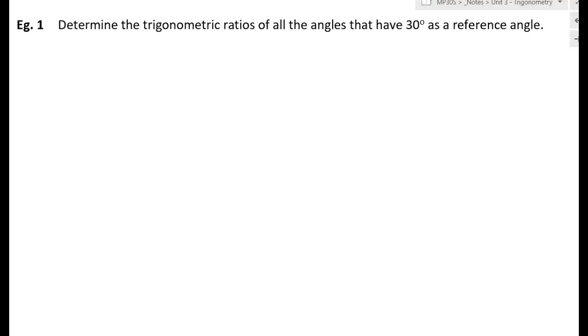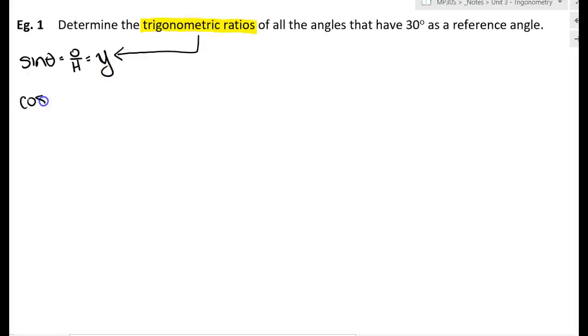So example 1 asks, determine the trigonometric ratios of all the angles that have 30 degrees as a reference. Well, the first thing I want to point out is there's actually more than just 3 trigonometric ratios. So up to this point, we have sine theta equals opposite over hypotenuse, which we've also said is equal to y.